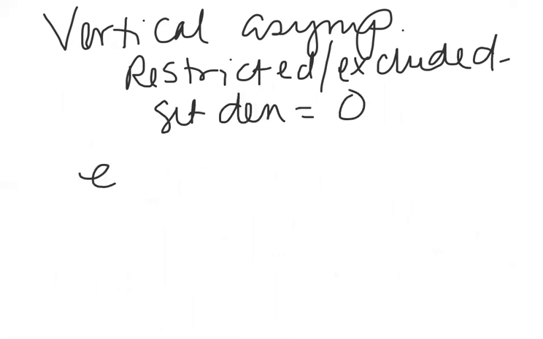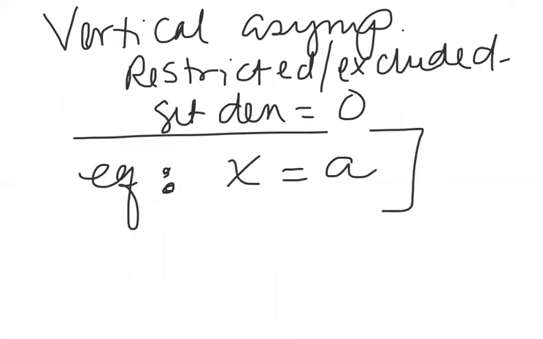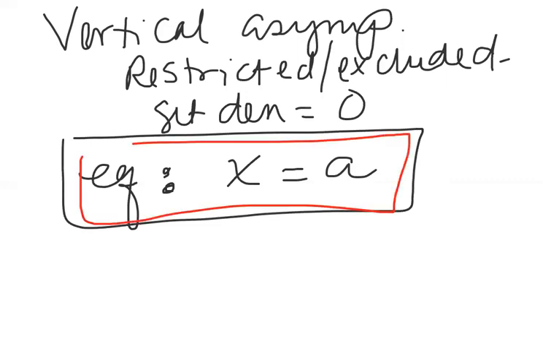Now, this is going to be an equation, guys. The equation will be in the form of x equals some value. When you write the equation of the vertical asymptote, it must be x equals 2, for example. If it's not in the form x equals, the computer will mark it wrong, guys, okay?